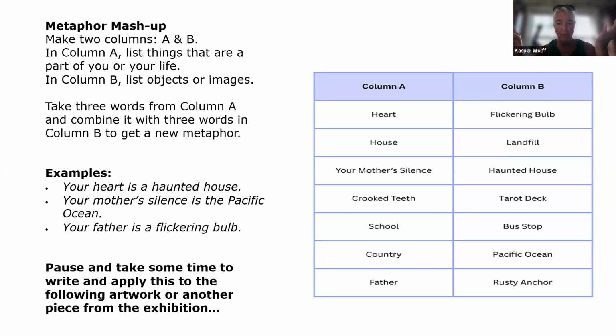For instance, your heart, column A, is a haunted house, column B. Your mother's silence, column A, is the Pacific Ocean. Your father, column A, is a flickering bulb. So just pause for a moment and take some time to write and apply this to the following artwork or another piece in the exhibition.